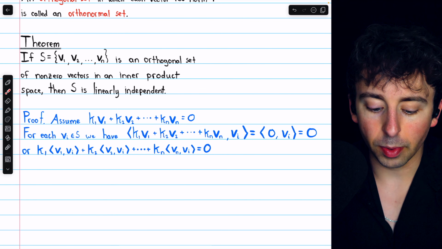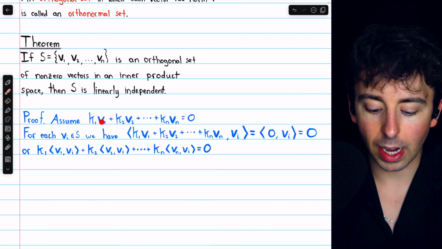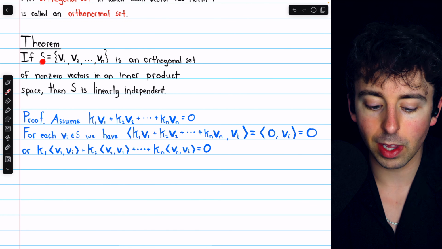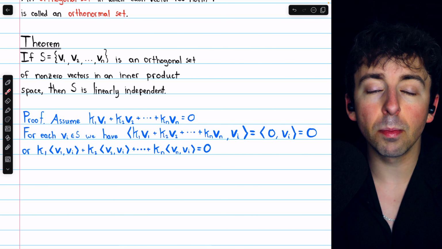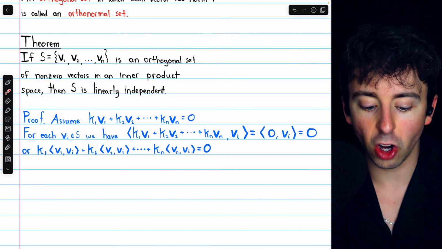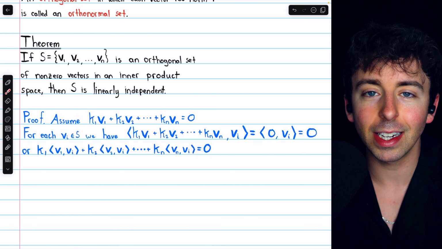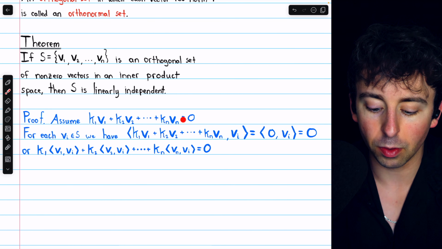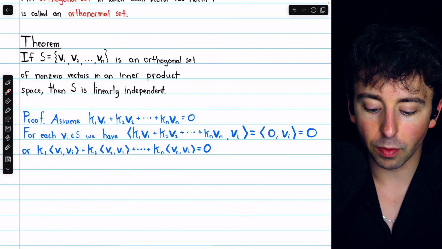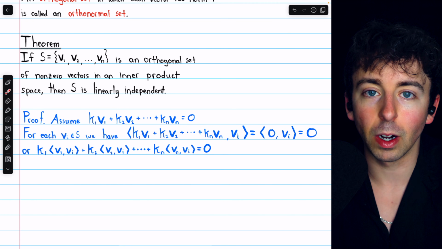We're going to assume that this arbitrary linear combination of the vectors from the orthogonal set S is equal to 0. As we've done before many times, in order to show that this set is linearly independent, we need to show that the only way a linear combination of the vectors can be 0 is if all of those coefficients are 0.